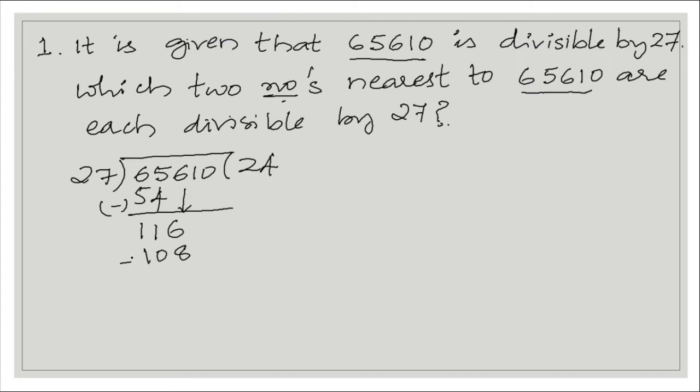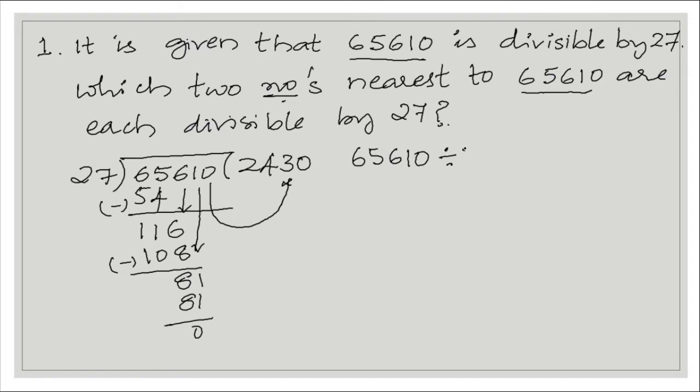This will be nearer number to 116. So subtract, we will get 8 here. So take 1 carry. So 3 times exactly is 81. Here there is 0. The next digit I have to consider here as 0. Therefore, the quotient obtained is 2430.